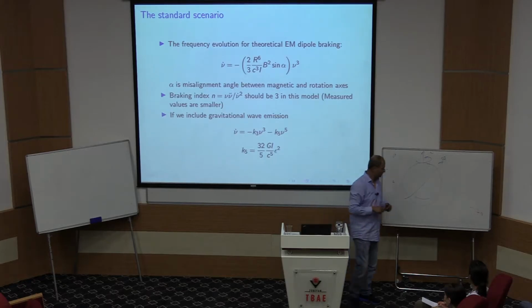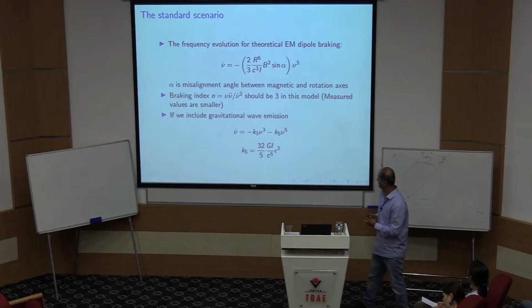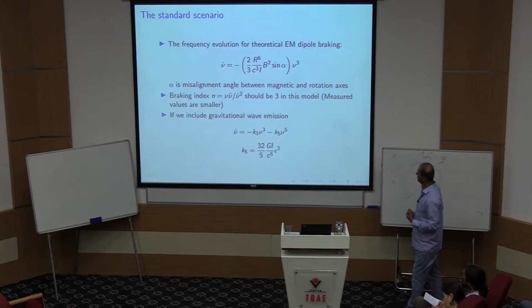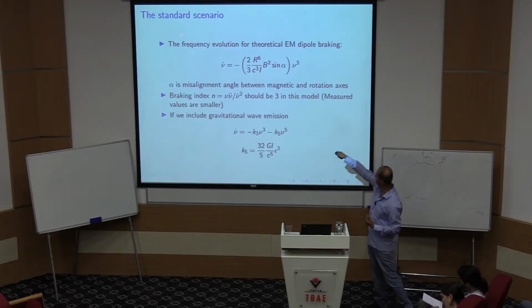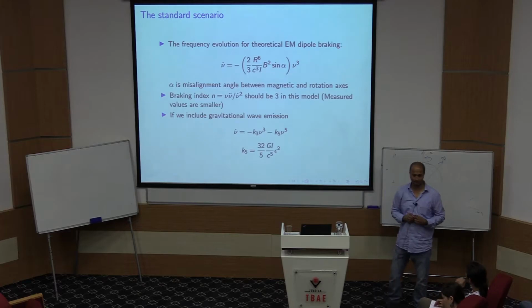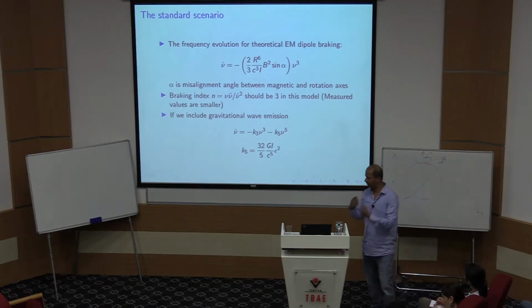Going back to your E&M calculations, you can convince yourself that the magnetic dipole braking gives you this evolution for the frequency, depending on the radius, the magnetic field, and moment of inertia. The rate of frequency change depends upon the cube of the frequency.